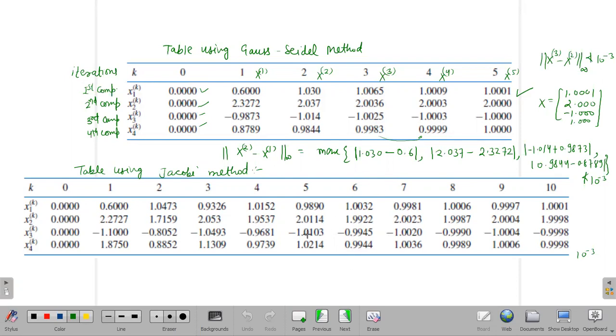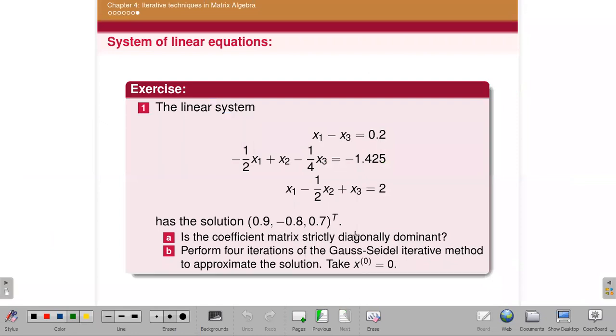Next, we stop here, then you practice these questions. This linear system has a solution. Is the coefficient matrix strictly diagonally dominant? You make the matrix first of all, then apply the strictly diagonally dominant definition and check whether it is strictly diagonally dominant or not.